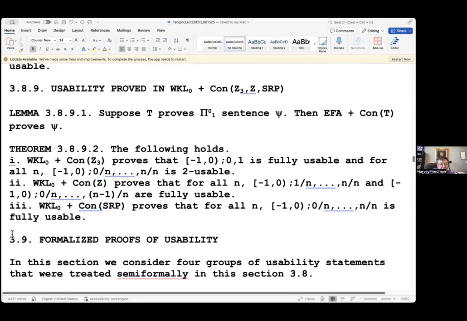I'm claiming that you can use con statements. So Con Z3 is enough to prove this stuff. That's not surprising because these are pi01 statements. There's some general nonsense that if you can prove a pi01 statement from something, you can prove it from the consistency of it.